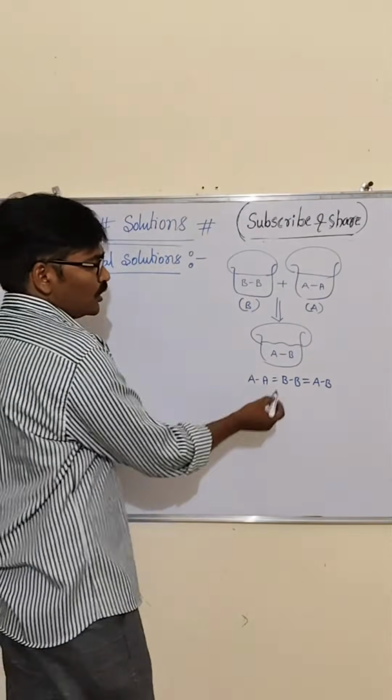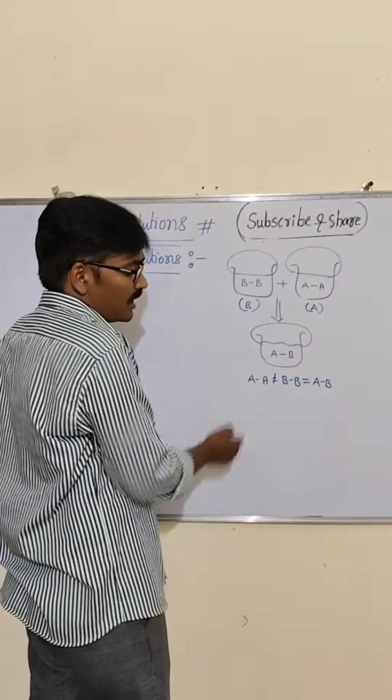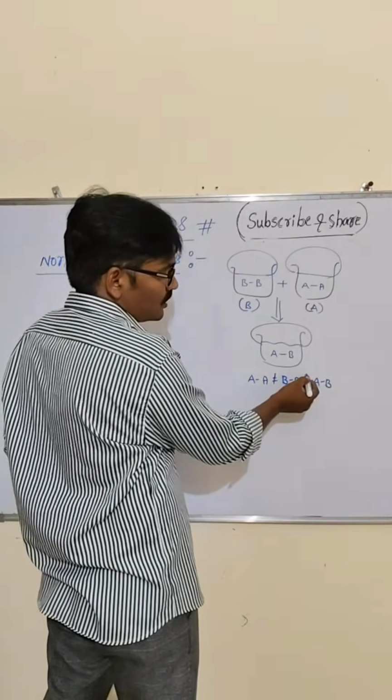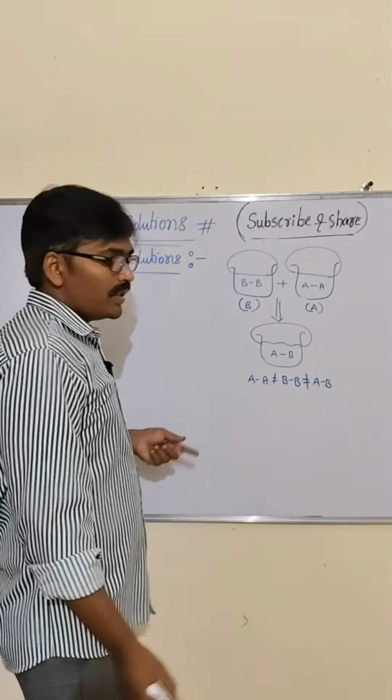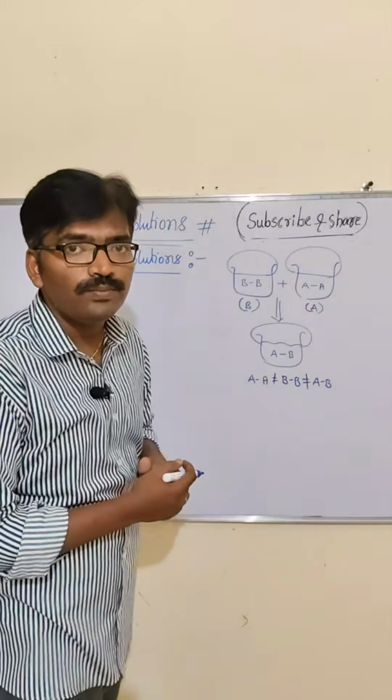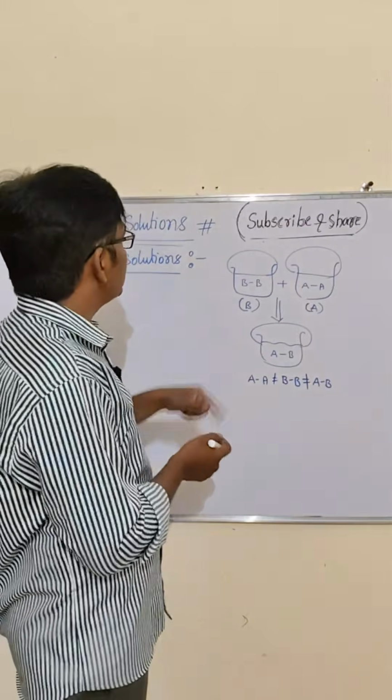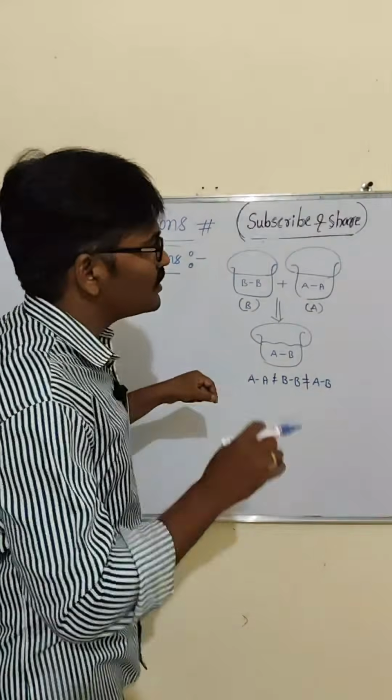So the solute-solute interactions are not equal to solvent-solvent, and then between solute and solvent also they are not equal. Clear? So such type of solutions we call non-ideal solutions.